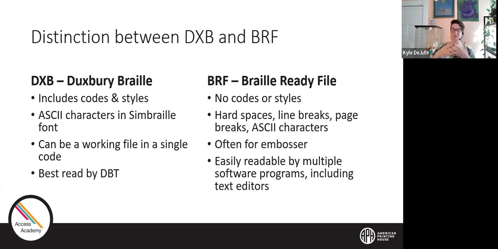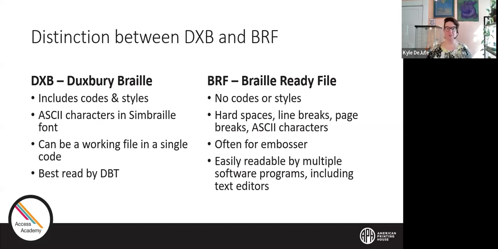This is different from another kind of Braille file, which is a DXB, which does very much include those codes and styles that are the instructions to Duxbury and that we toggle on and off with Alt F3. Duxbury has either ASCII or maybe Unicode characters in Duxbury's proprietary SimBraille font. Just Braille characters.